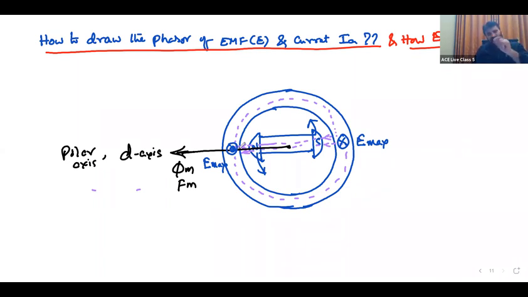The maximum value of EMF takes place only under the pole, along the direct axis. I would like to take unity power factor, UPF. For unity power factor, the current IA is also maximum in the same conductor.